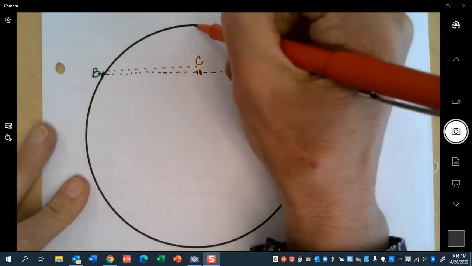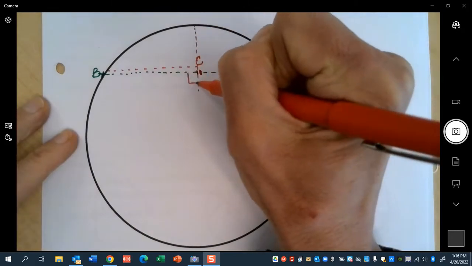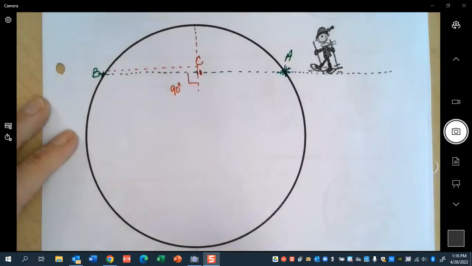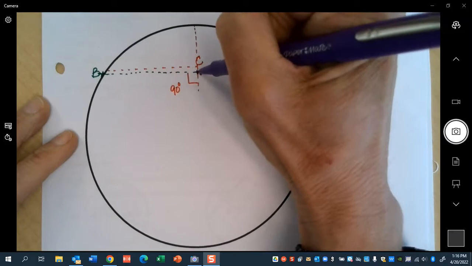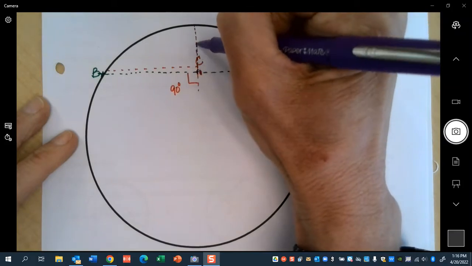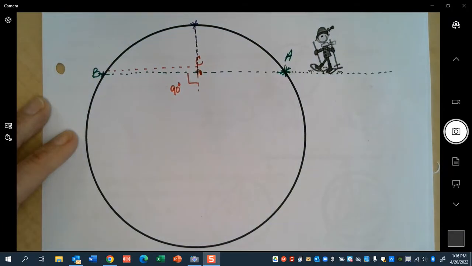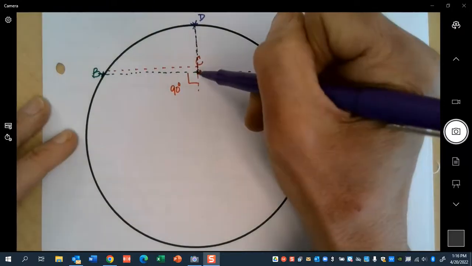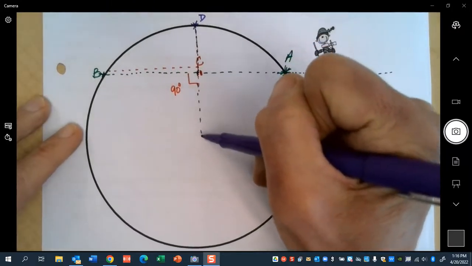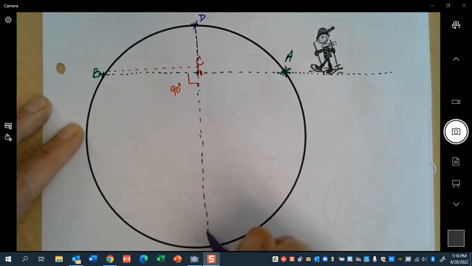At this point, he guarantees that he walks at a 90-degree angle, and he walks this way until he doesn't hear the signal anymore, and then he walks this way until he doesn't hear the signal anymore.